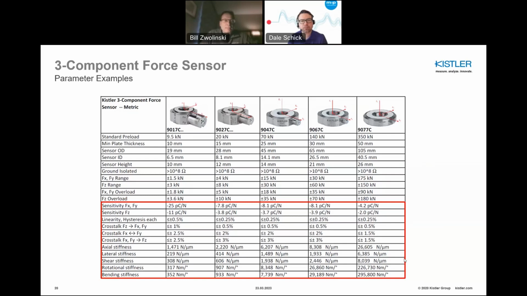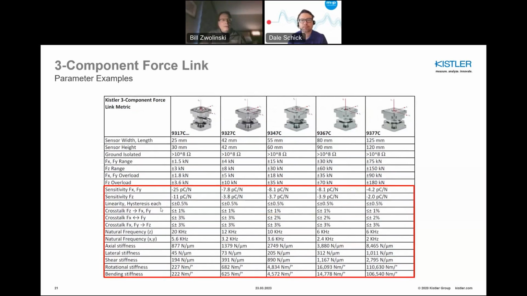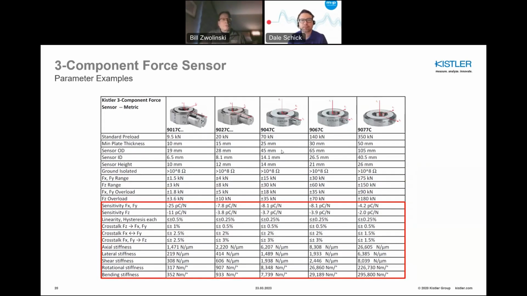So from an FEA standpoint, you can easily model them, and CAD models would be available. You can model this within your vibe fixture and really understand what the resonance and frequency capabilities are. And these sensors would require a preload, which we'll get into.